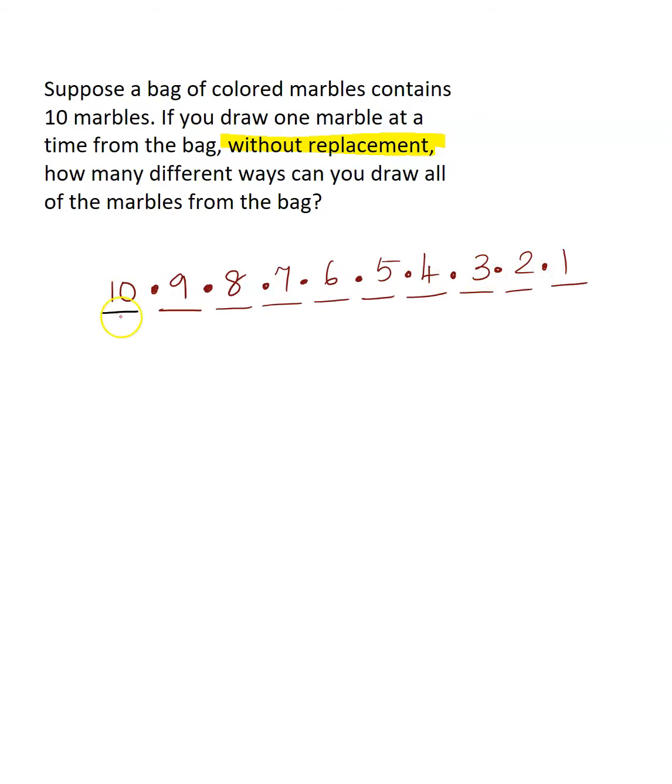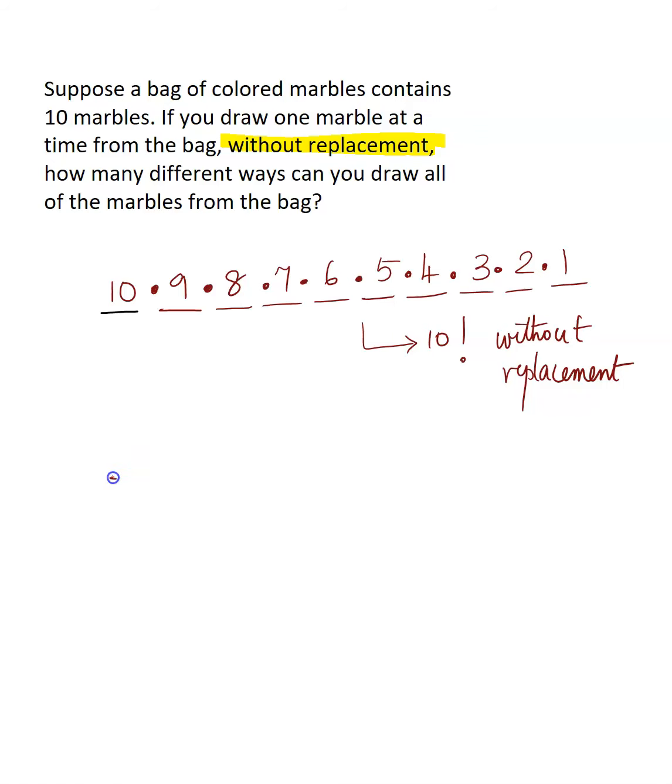So in the first draw, you had 10 marbles to choose from. In the second draw, you had only 9 to choose from. Third, only 8 to choose from. This is 10 factorial. I'm just going to leave it in the factorial notation. If they ask for the number value, go ahead and use a calculator to compute it. So I just want to say this is without replacement. I just want to give a little twist to this problem and say, if it was with replacement, what does that mean?